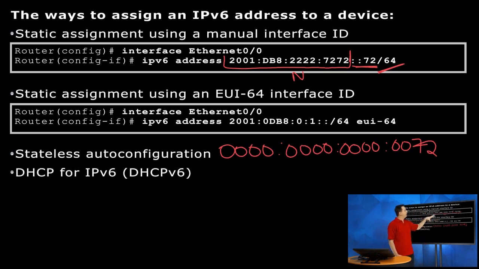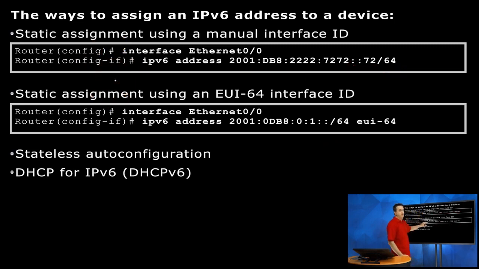So you can statically assign all the router interfaces that way, or you can tell the router interfaces, this is your network portion and your prefix, and go ahead and auto-generate the interface portion of your address. So let's see that here. I'm going to clean this up just a bit for us. So down below here, we can see we have 2001:DB8:1:: /64.